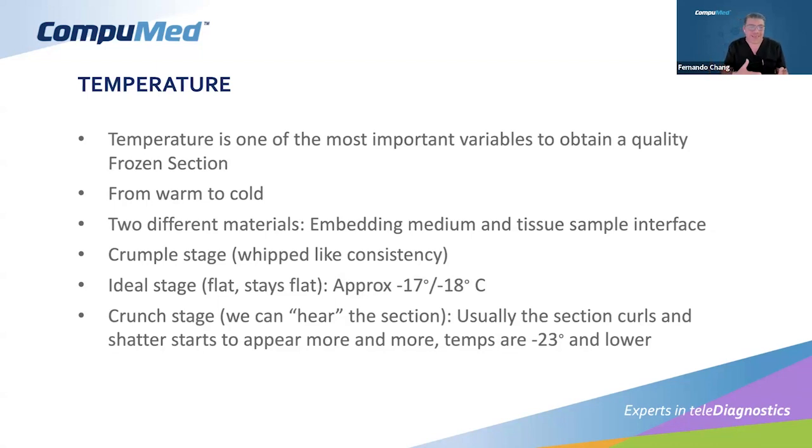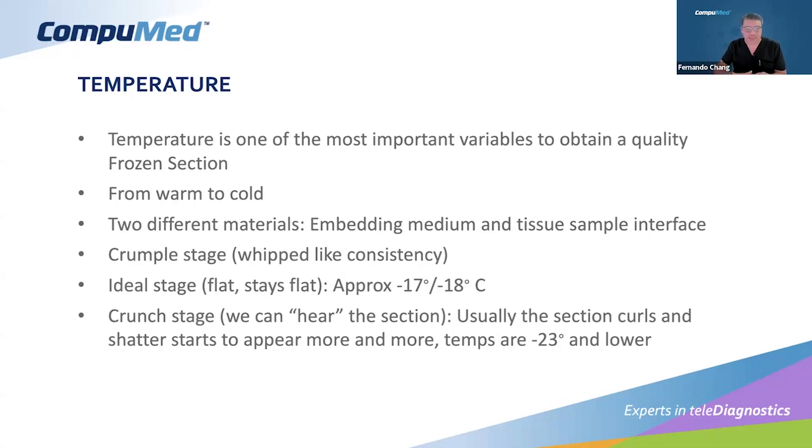So then we go to the ideal stage. How do we identify that the sections are in this ideal stage? The first thing is that after we efface, after we trim the block, the section is going to be flat. You're gonna see the section slide onto the stage perfectly flat. And the other thing, indirectly, is that this section remains flat. It's very important.